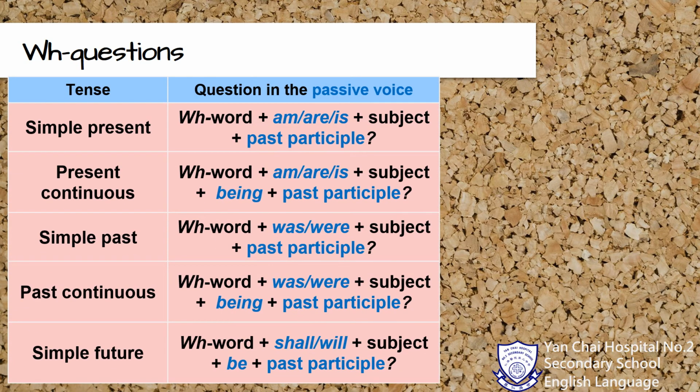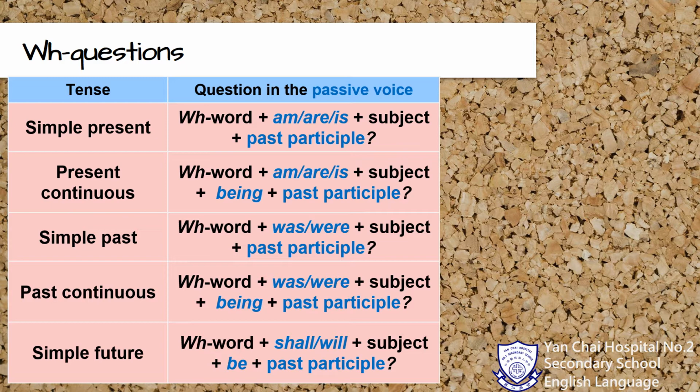For WH questions, for simple present tense, we have the WH word, and then am or are or is plus subject plus past participle. For present continuous tense, we have the WH word at the beginning plus am or are or is plus subject plus being plus past participle.